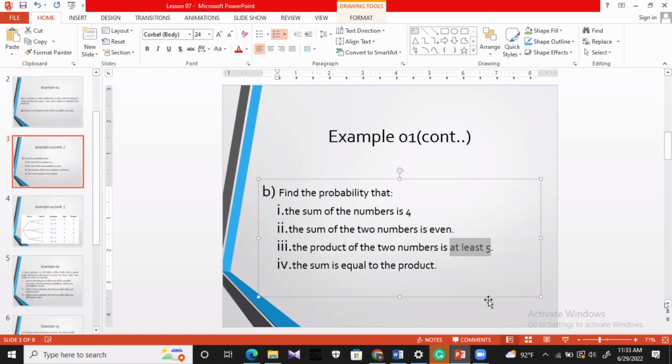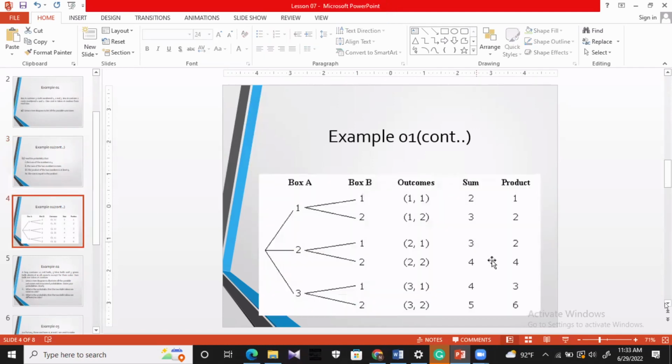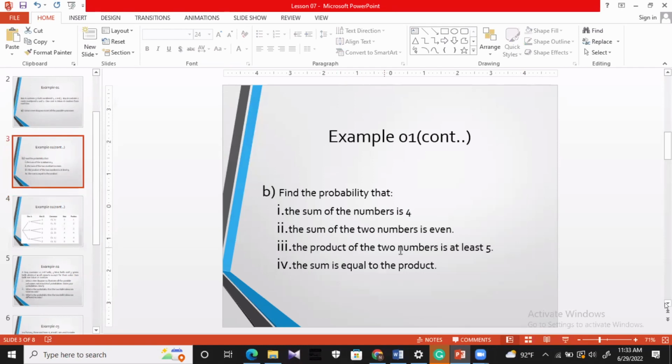If you are asked to find the probability that the product of the two numbers is 5, you cannot find any value because no one is equal to 5. The product can be either 1, 2, 3, 4, 6. If you are asked to find the probability that the product is 5, that is 0. Understand? But here you are asked at least 5.